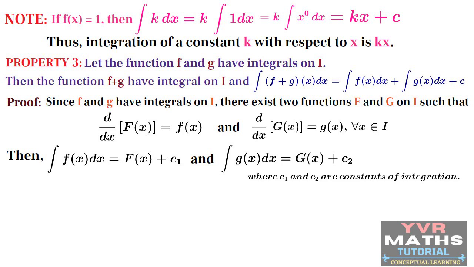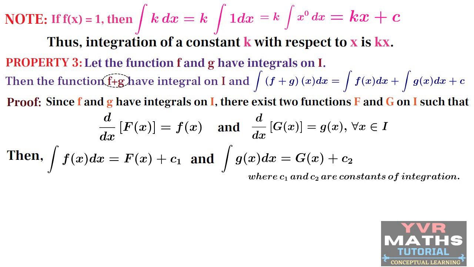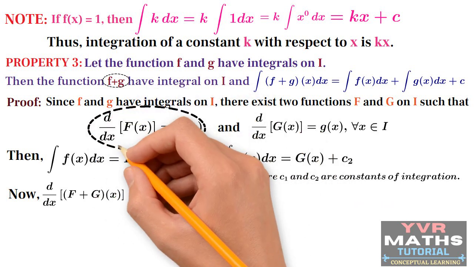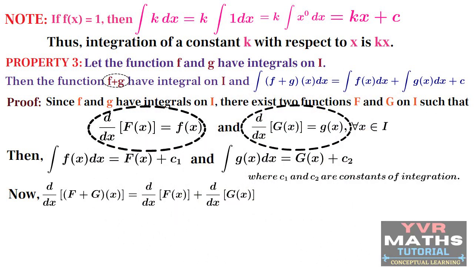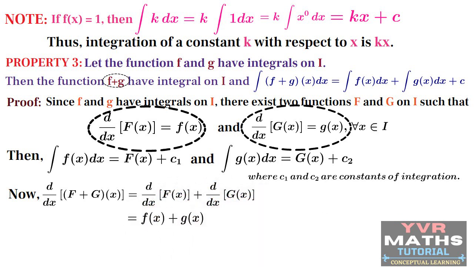First of all, we have to prove f plus g has an integral on the interval I. For that, I am considering d by dx of capital F plus capital G of x is equal to, from the basic properties of differentiation, d by dx of capital F of x plus d by dx of capital G of x. So from these conditions, this can be written as f of x plus g of x.